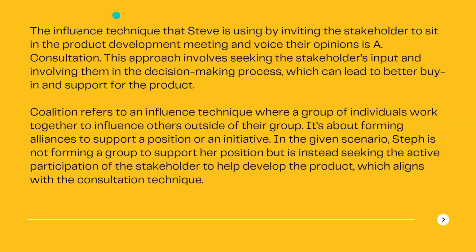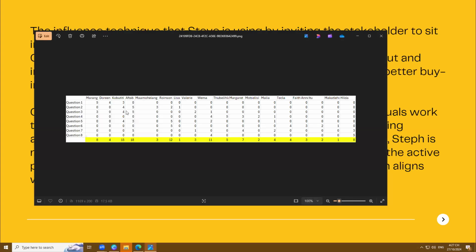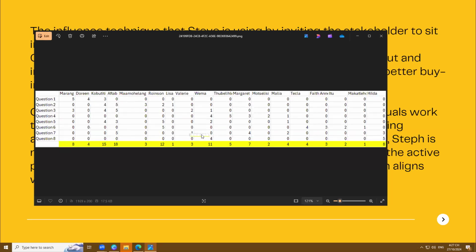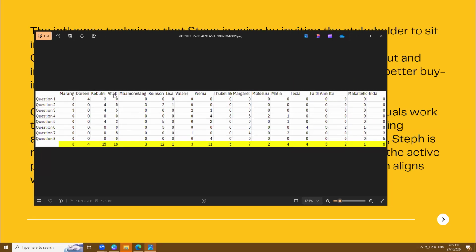Now, Jessica, can you summarize the result and let me know who is the winner today? We shall need to enlist the help from Jessica. So as you can see, the result today is pretty close, with Aftat leading and second coming Kabutiti.